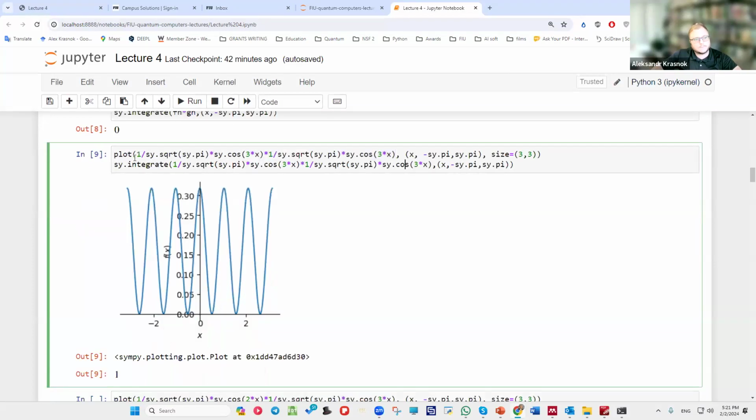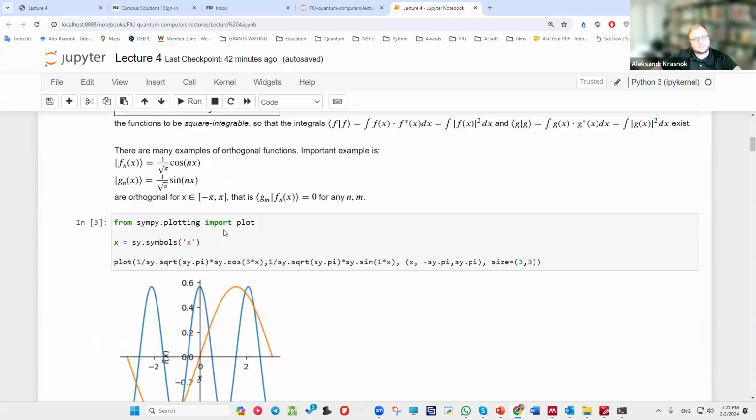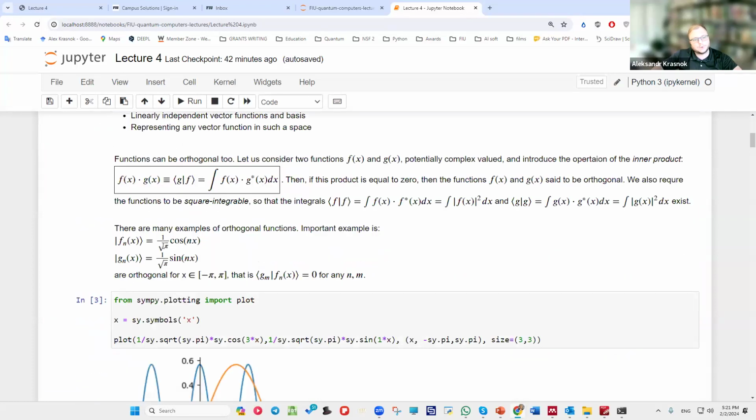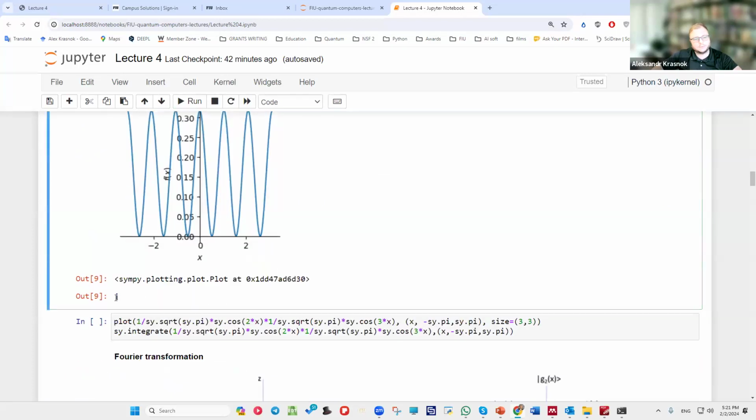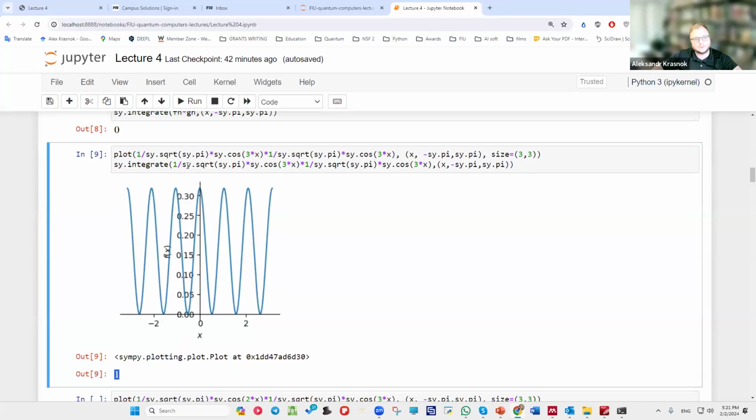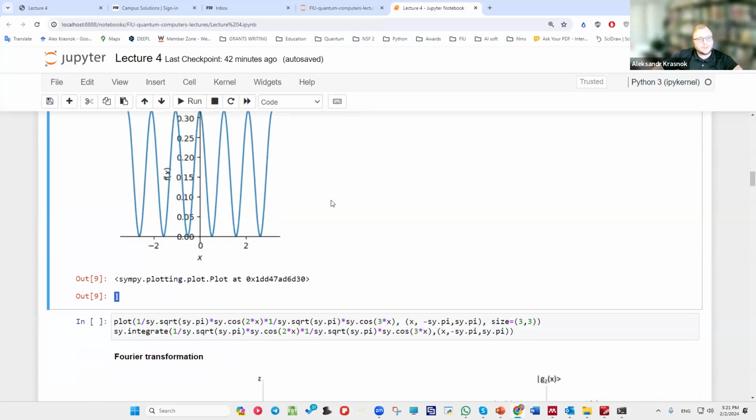And the normalization factor we introduced, this 1 over square root of pi here, leads us to the result of 1. So the integration of this product, cosine 3x times cosine 3x, gives us 1. Okay.